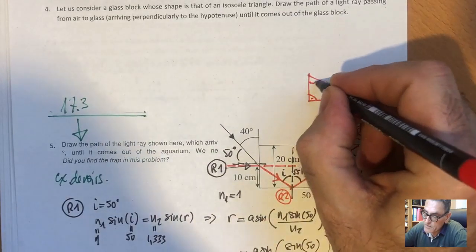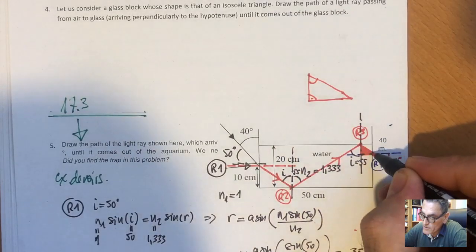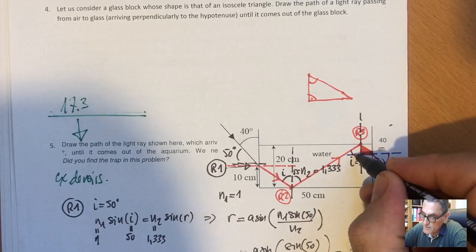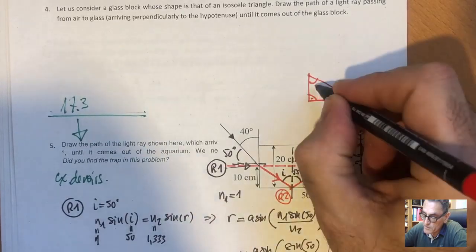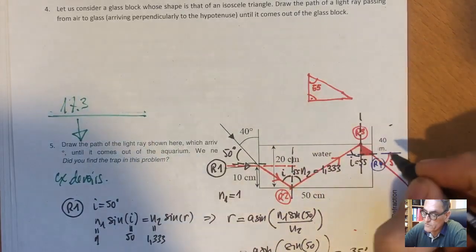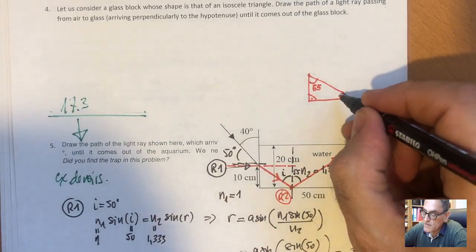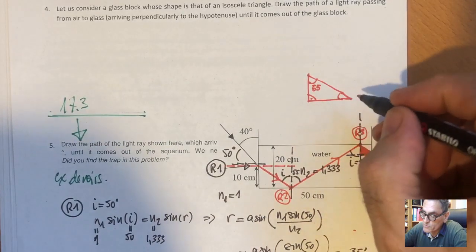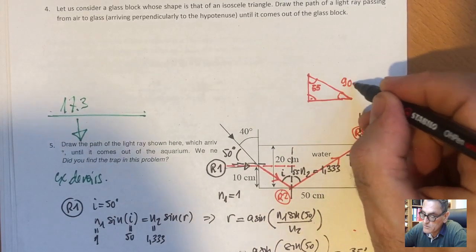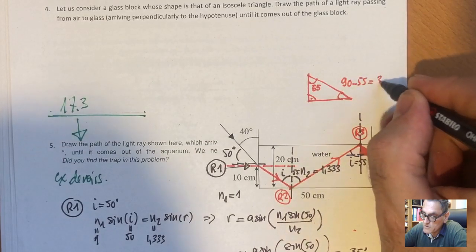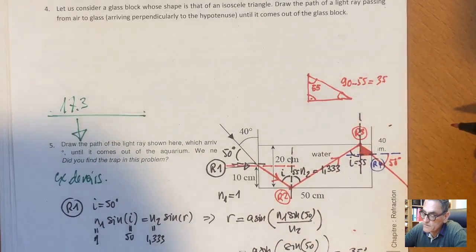This angle here is the angle of reflection for this total reflection here. We had incidence 55, so the angle here is the same, it's 55. And this angle here is going to be 90 minus 55, and this is 35. Okay?